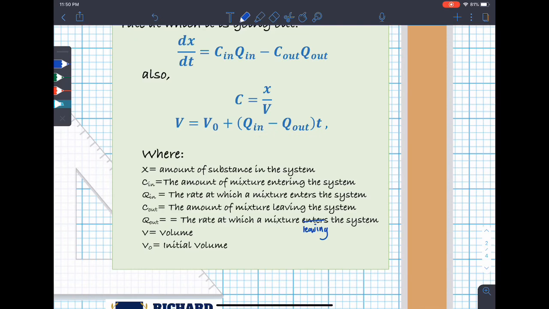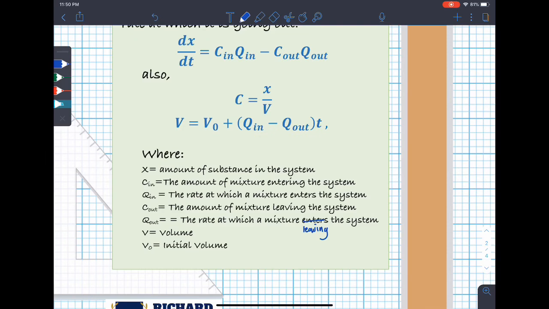The flow rate is the volume per unit time of the given mixture. The output is similar, with an output concentration and an output flow rate as well.